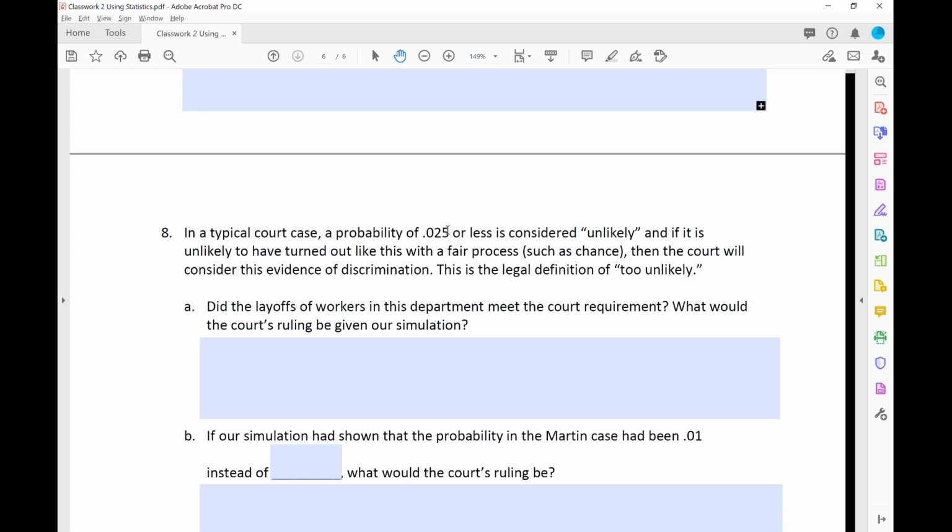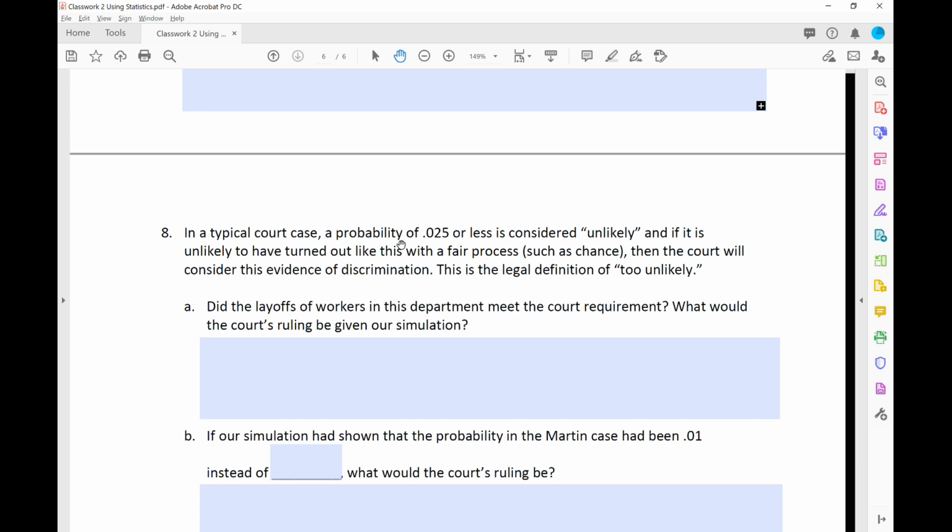So in other words, if the probability of the scenario occurring by chance is 2.5% or lower, that's considered too unlikely and can be considered as showing discrimination. So that's our cutoff point, 2.5%. If it's lower, unlikely, we say discrimination. If it's higher than 2.5%, we say, that's not unlikely enough, so no, it could have happened by chance.